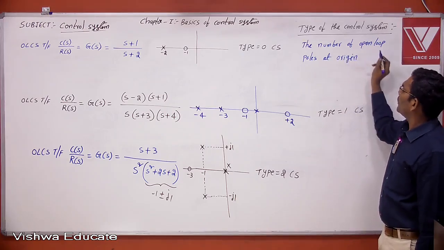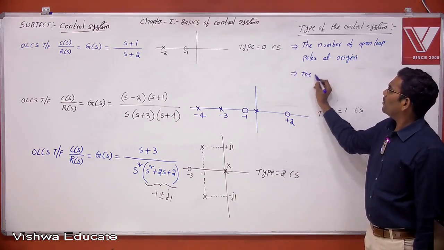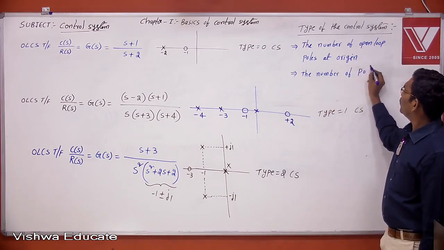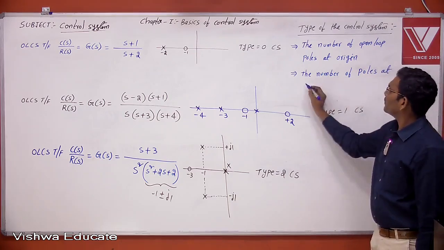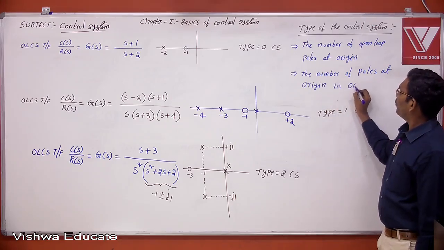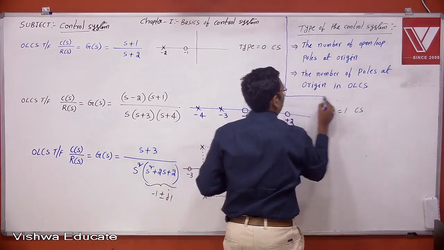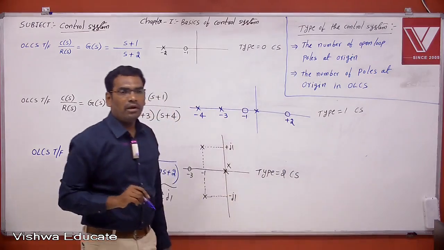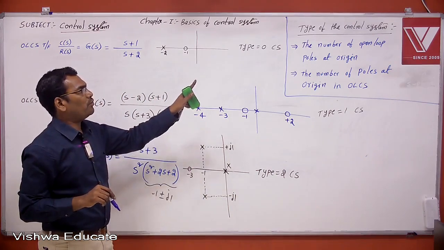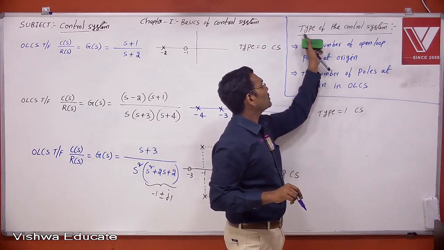The number of poles at origin in an open loop control system is called the type of the control system, which is a very important definition here.